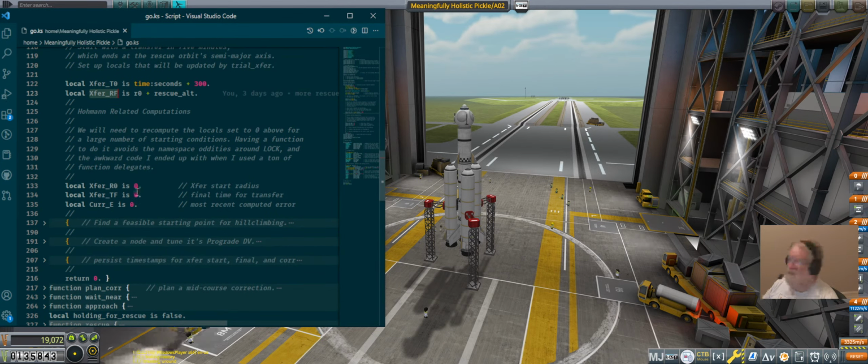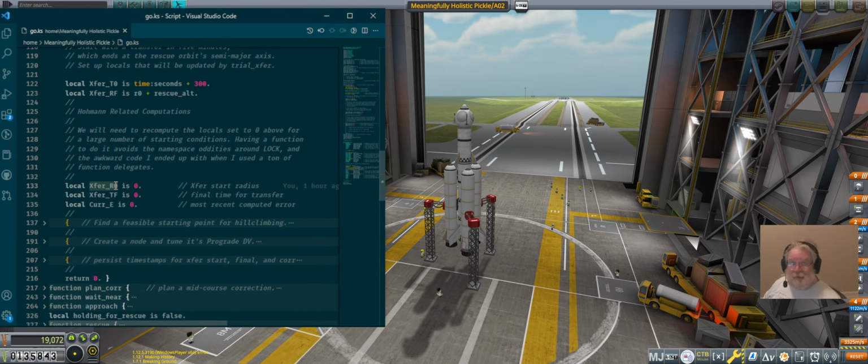We're going to do some computation that will get us our start radius, which depends on starting time. We're going to calculate that because we're going to do this a bunch of times. We're going to be trying a whole bunch of different orbits. We're going to be moving T0 back and forth. So we're going to be recalculating this initial radius because we're not in a circular orbit.